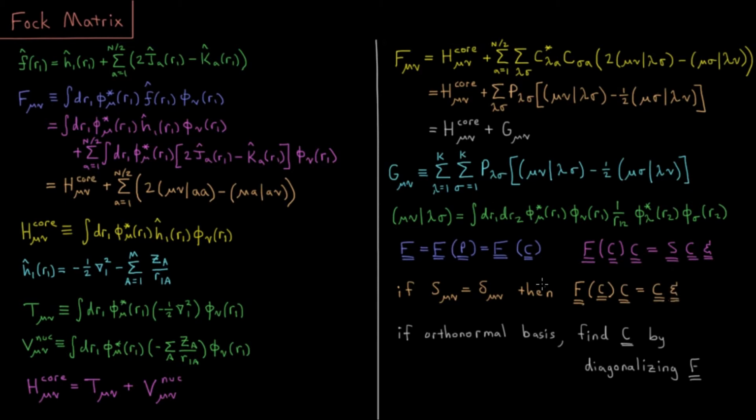So basically the diagonal form of the F matrix is going to tell us what all the orbital energies are, and we'll be able to get all of these coefficient matrices as a result, and we'll know what all the molecular orbitals are. So in essence, once we get to an orthonormal basis set, diagonalizing the Fock matrix is basically our task at that point.